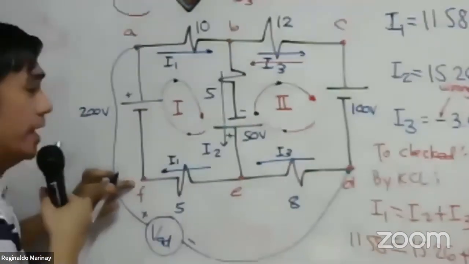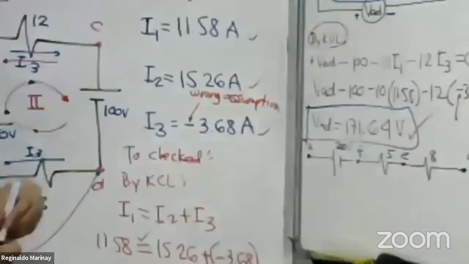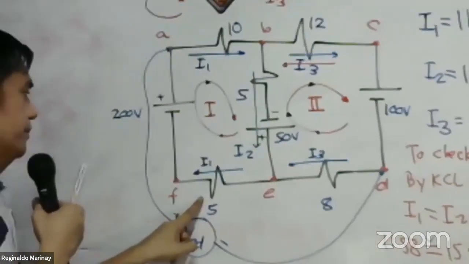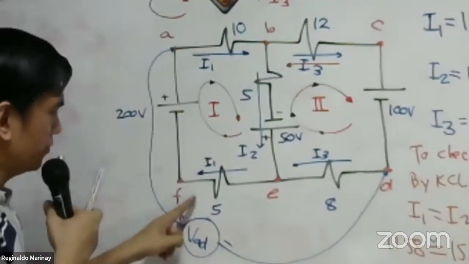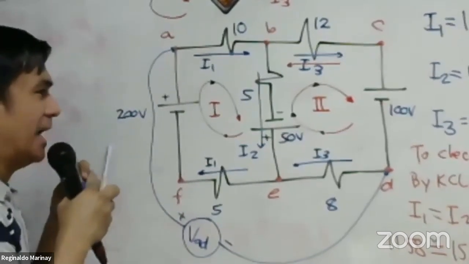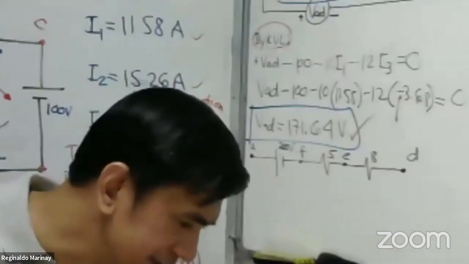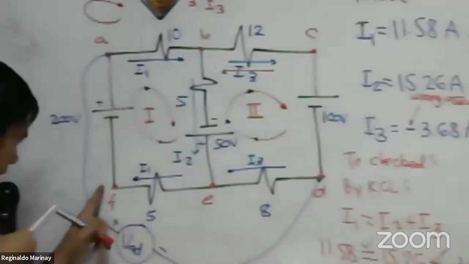From A going to F, there is a 200 volt source. From F going to A, there is a 5 ohm resistor. There is a current flowing. That is our I sub 1. Our I sub 1 is going to point F.